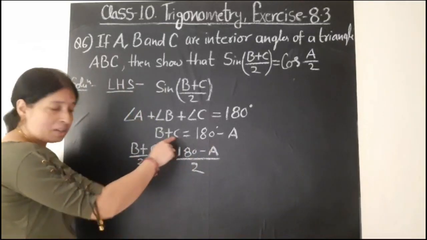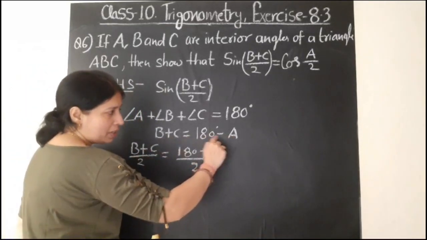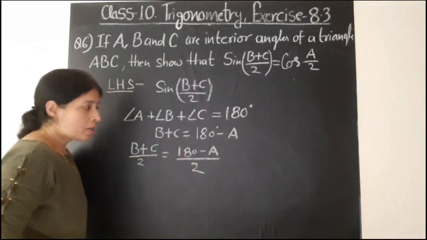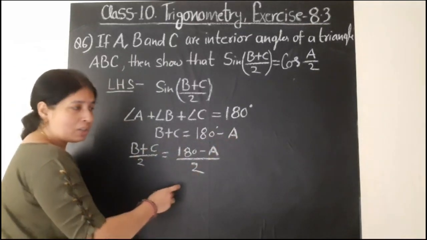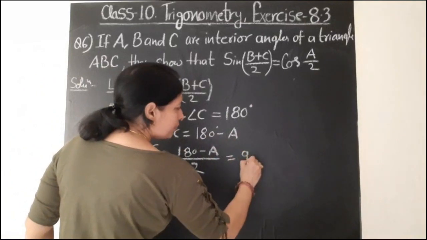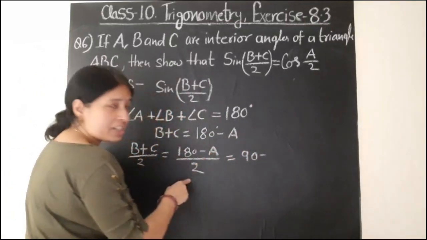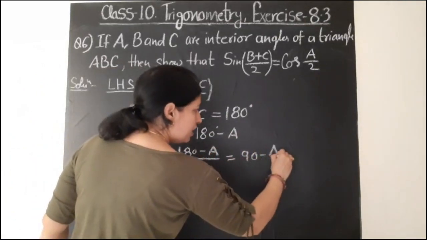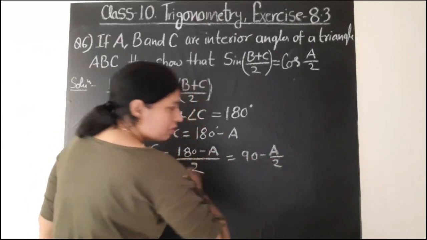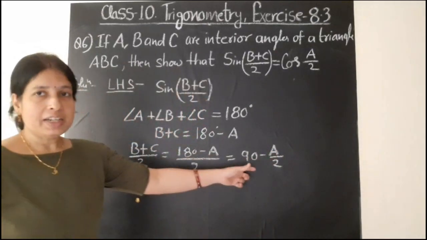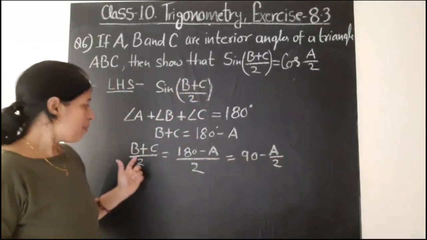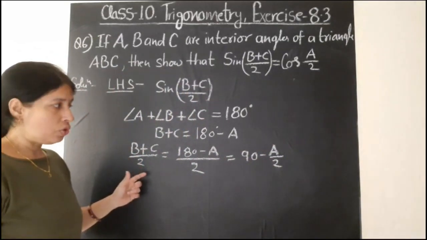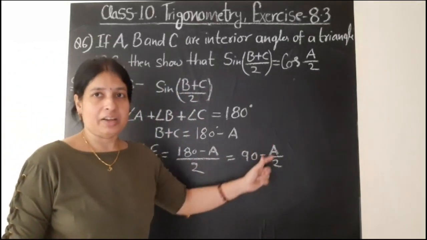Divide this B plus C by 2 and then divide 180 minus A by 2. So when 180 is divided by 2, it will come 90, and A divided by 2 is A by 2. So it is 90 minus A by 2. So value of B plus C divided by 2 is equal to 90 minus A by 2.